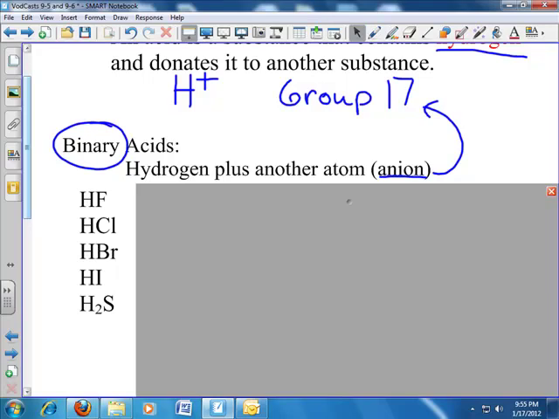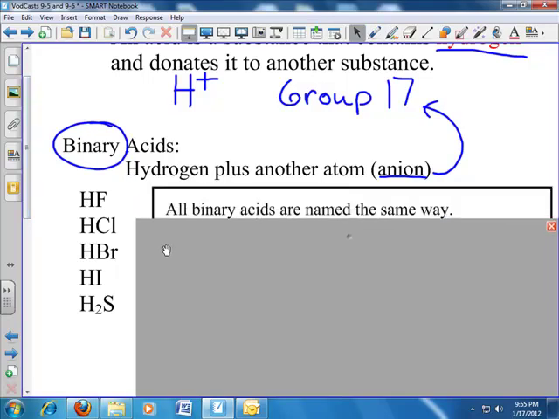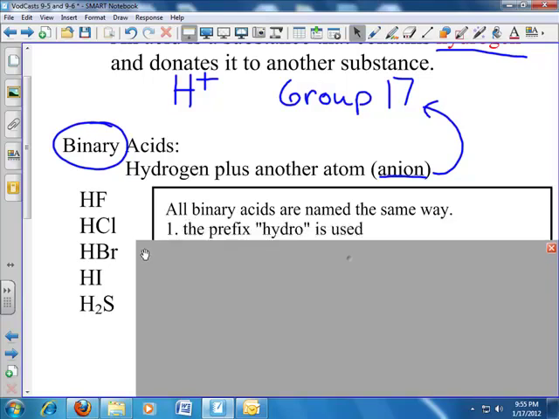Now, with this naming, all binary acids are named the same basic way. Okay, and I'm going to give you the rules first, and then we'll go through and look at the examples. The first rule is we're going to use a prefix hydro. Okay? And you probably recognize some acid names, and you've probably heard of hydrochloric acid.